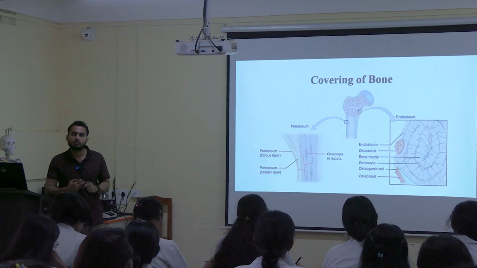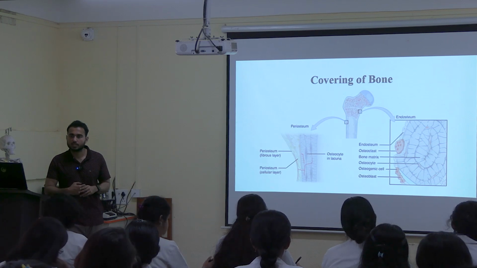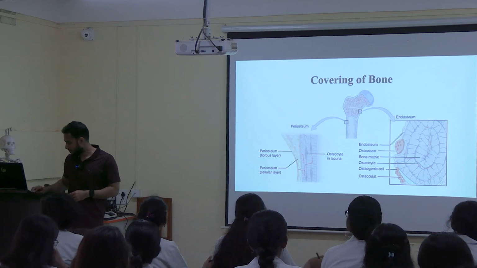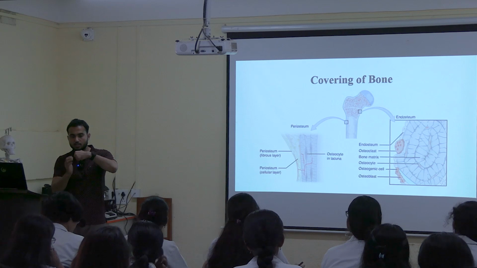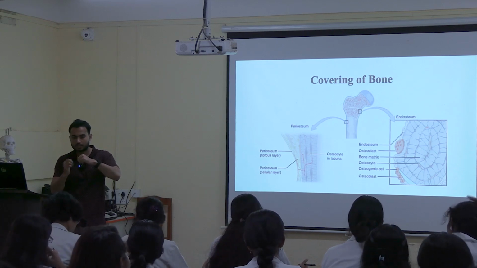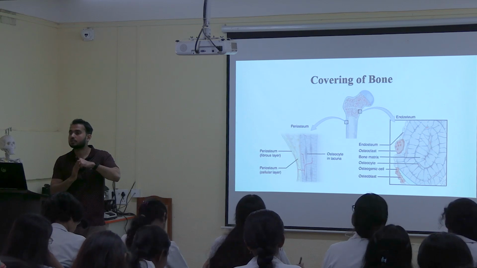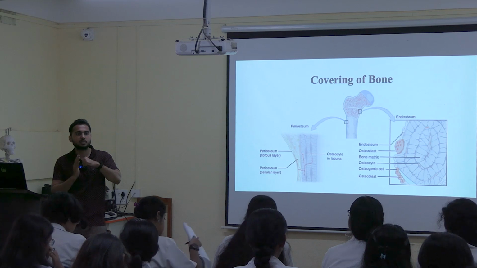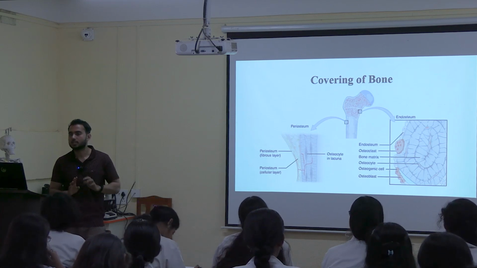Now, can anyone tell me where the periosteum is absent in a bone? Yes, very good. In an articular area. Synovial joint you have already studied. तो जो articular area है which will form the joint, in that particular area periosteum is absent. Why? Because this area is covered by articular cartilage.